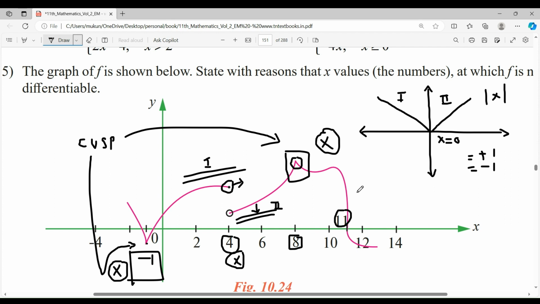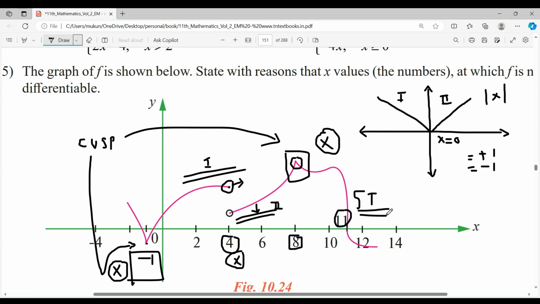And then we come to 11, and we'll have to make a small assumption out here. You see that at 11, before and after 11, the function more or less looks like a straight line, right? So what happens is this function is a clear case of a tangent being perpendicular to the x-axis.